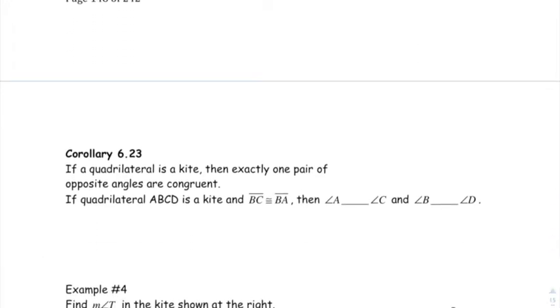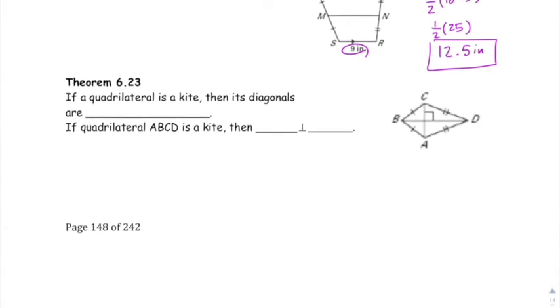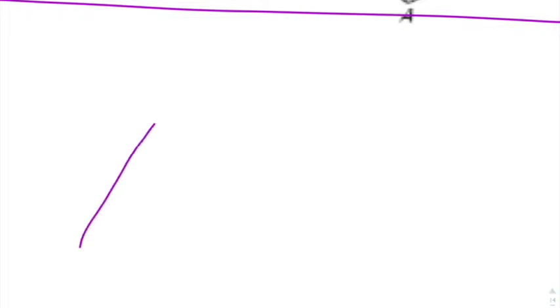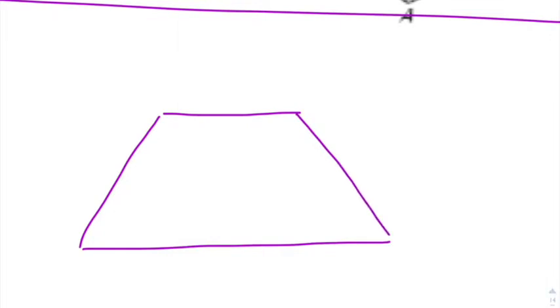Actually, let's see. Let's add this at the bottom here. They don't have one that has algebraic terms, so I always have students kind of get confused when we see that. So I'm going to make one up here. Hopefully this comes out kind of nice. I'm doing this on the spot, trying to make it look parallel.